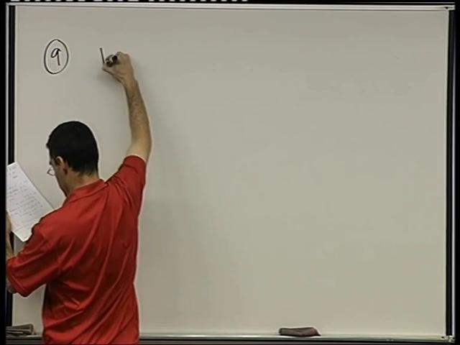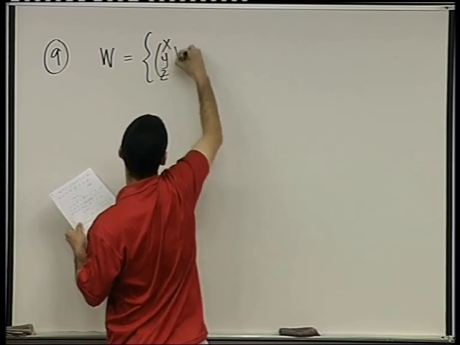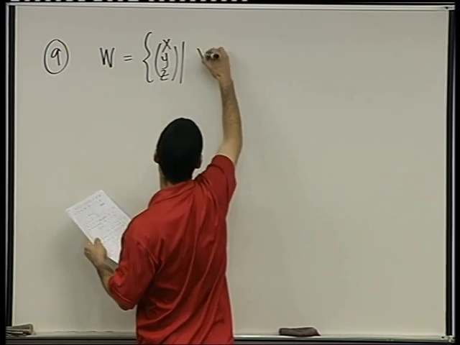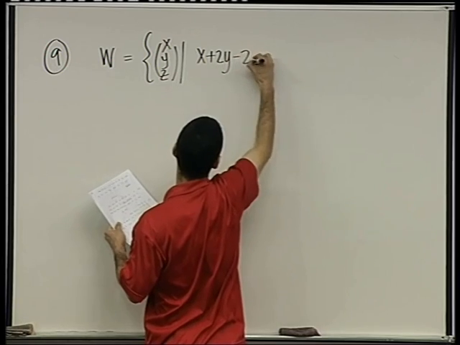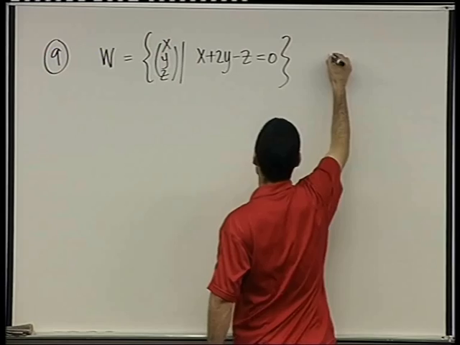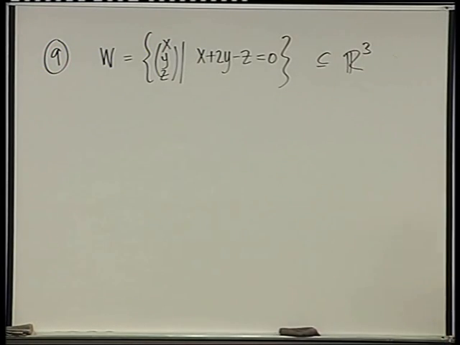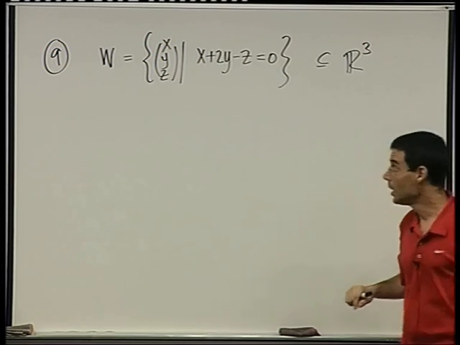Let's look at W, which is going to be all the x, y, z's such that x plus 2y minus z equals 0. Obviously, this is contained in R3, right? But it's putting some more complicated restriction on the entries. Is it a subspace?